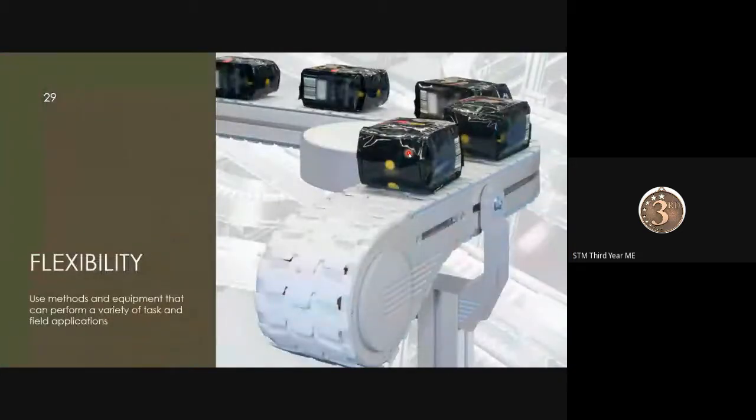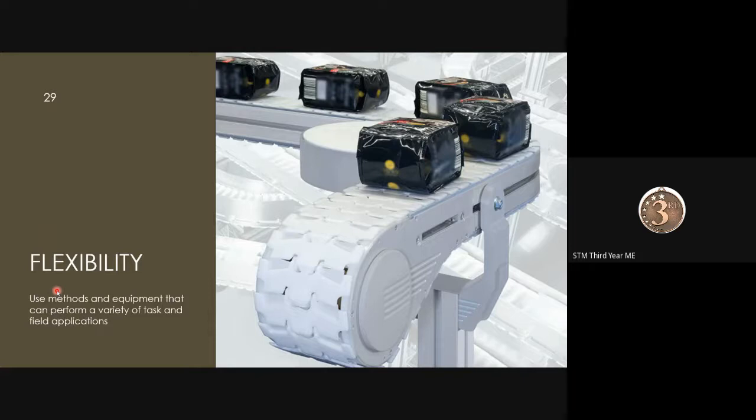Then comes flexibility. So what is flexibility? We use methods and equipments that can perform a variety of tasks and field applications. One of the advantages of having flexibility is this: you are using an equipment, and if that equipment has multiple functions, then if the production of a component is coming into a decline stage, you will obviously look for a new product to be produced, to keep the customer demand alive.